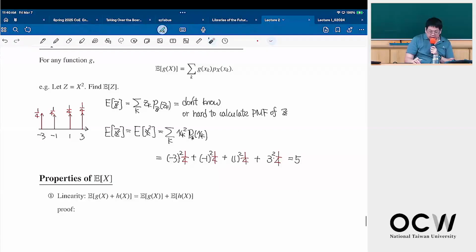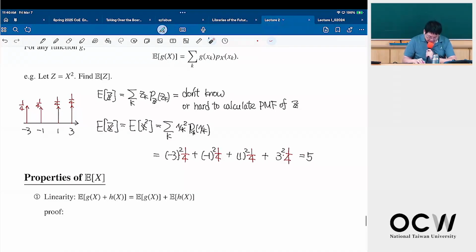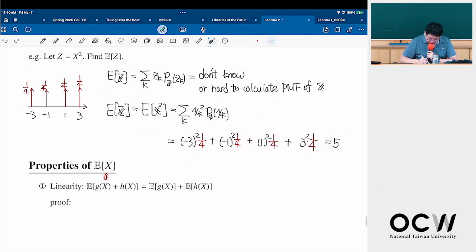Now let's see some properties of this expectation. First, the linearity. For this linearity, if I want to find the expectation of two functional random variables, then we can find their expectation individually and then do the summation.